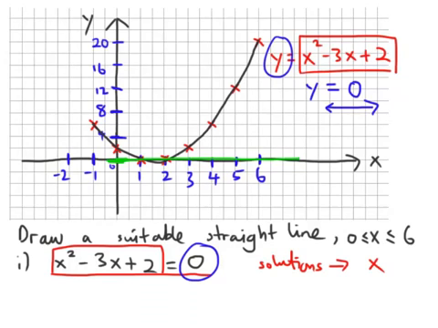And you could see that very clearly. The intersection point is over here, which is x equals 1 and x equals 2. Therefore, the solutions for this equation is x equals 1 or x equals 2.